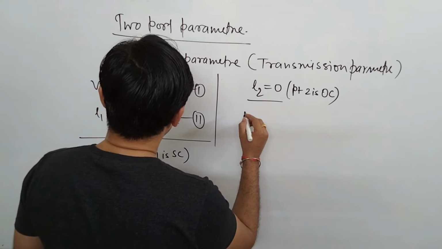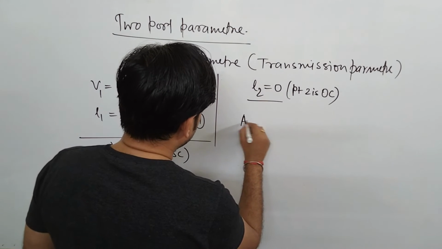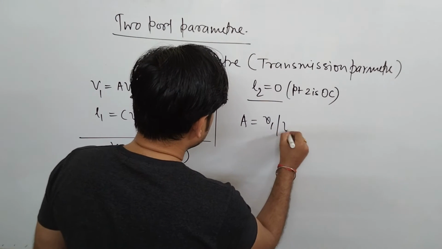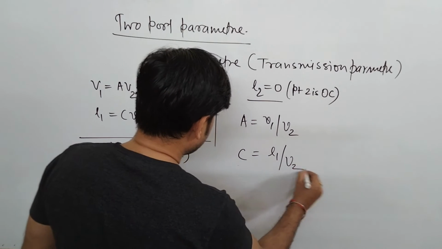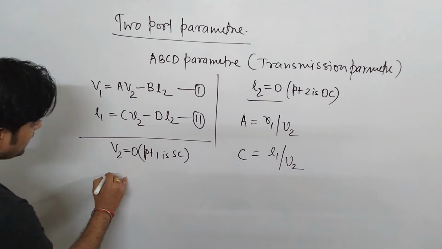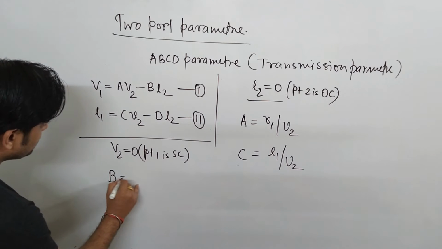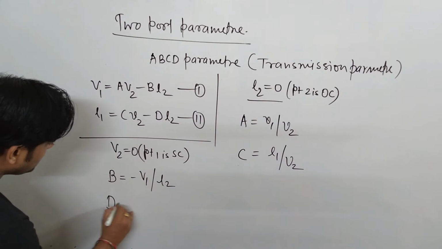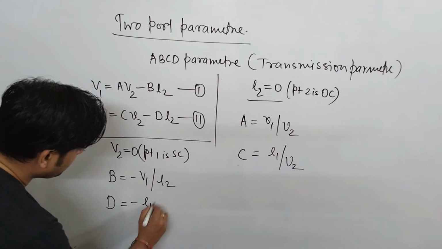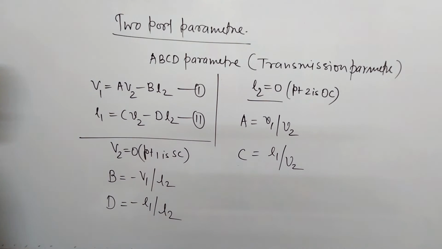So under this condition, your A comes to be V1 by V2 and your C comes to be I1 by V2. Here when V2 is 0, B comes to be minus of V1 by I2 and D comes to be minus of I1 by I2. So this is the condition.